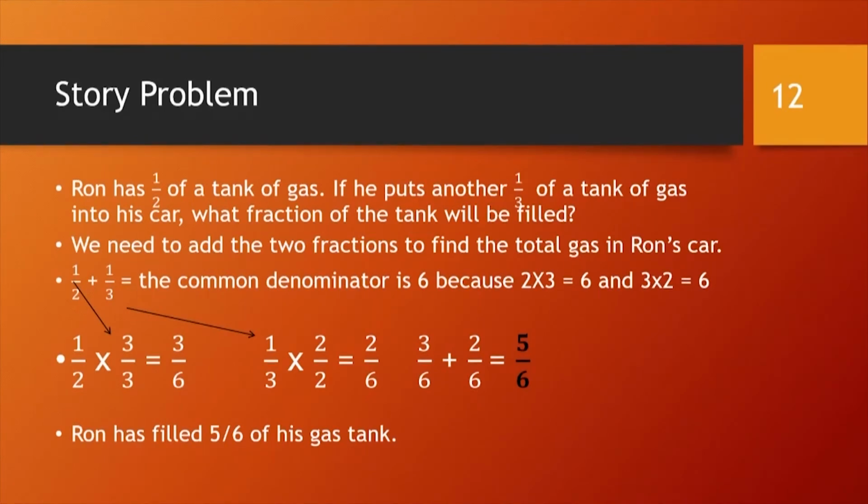So 1/2 becomes 3/6, and 1/3 becomes 2/6. So now you can add 3/6 and 2/6, and you're going to get 5/6. So he has filled 5/6 of his tank of gas.